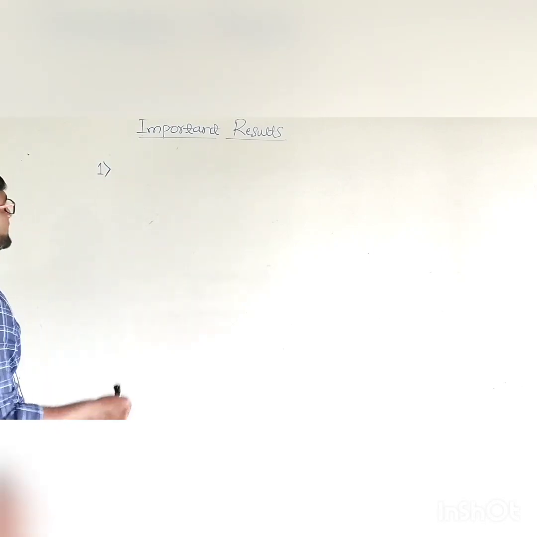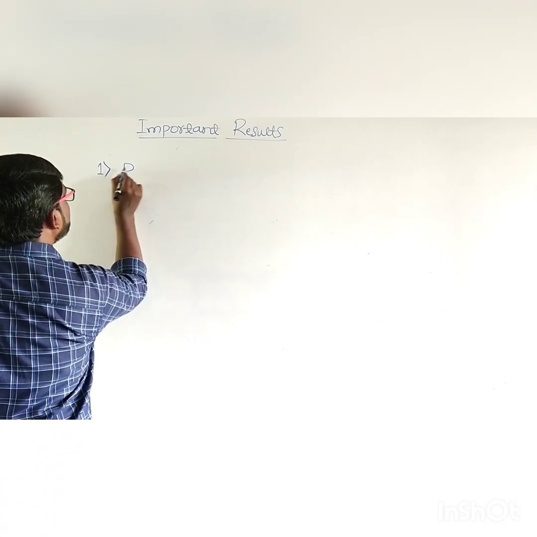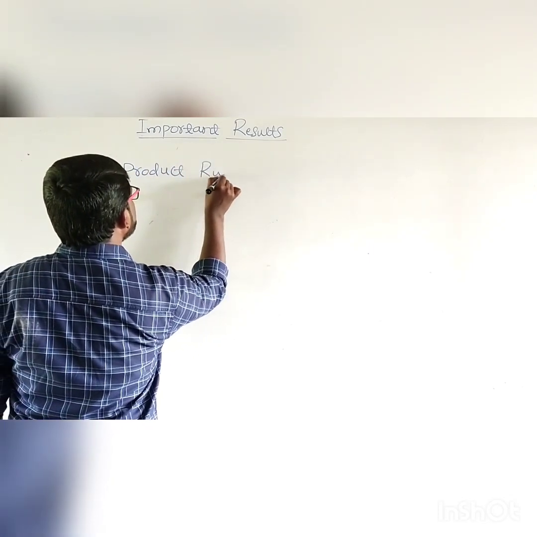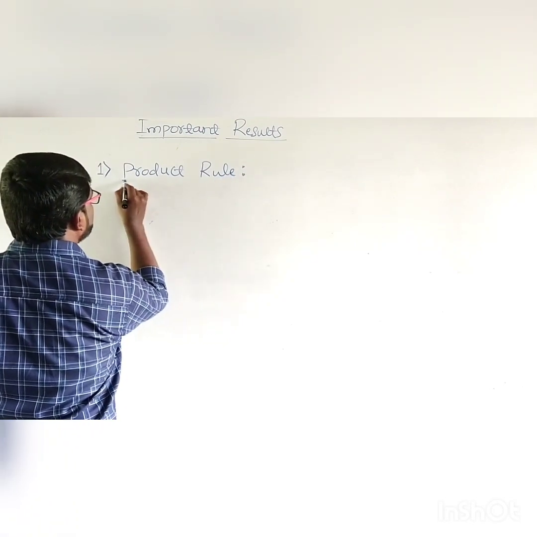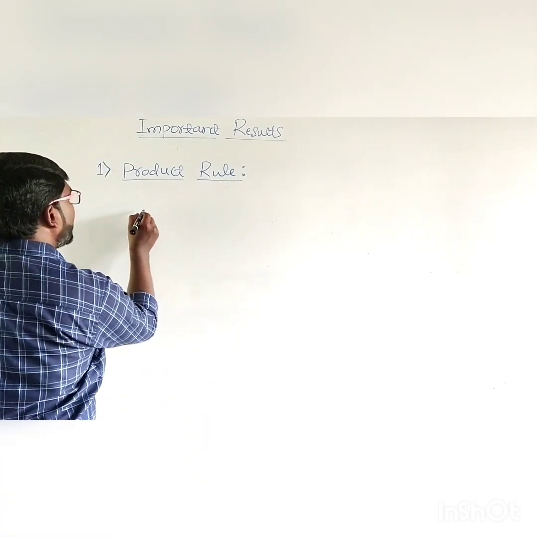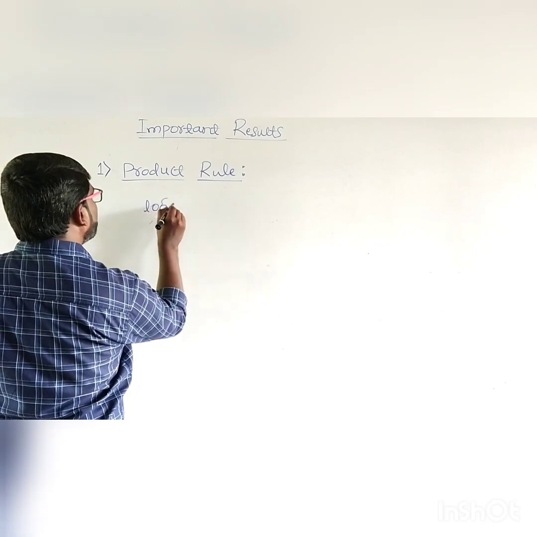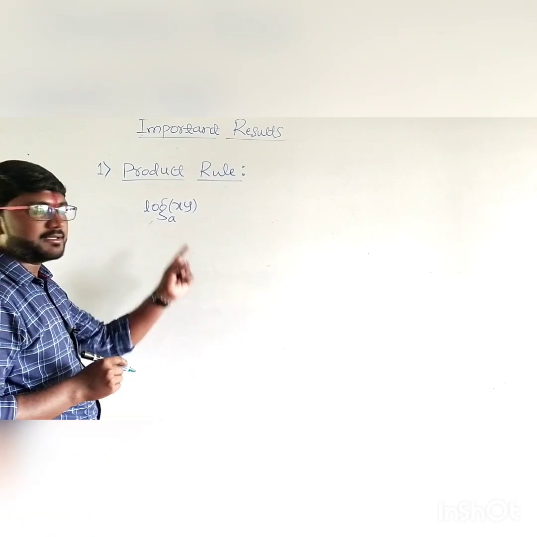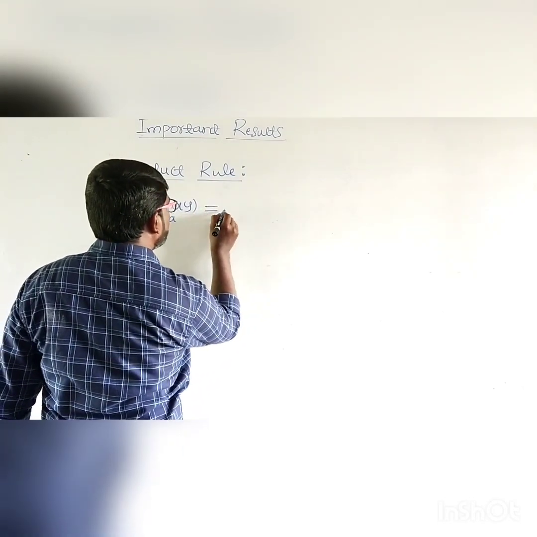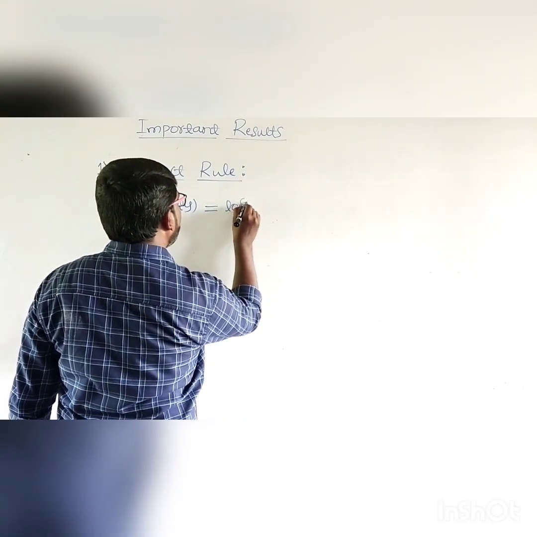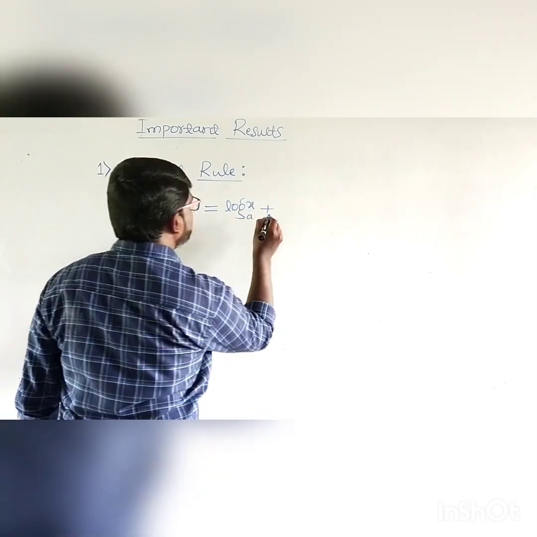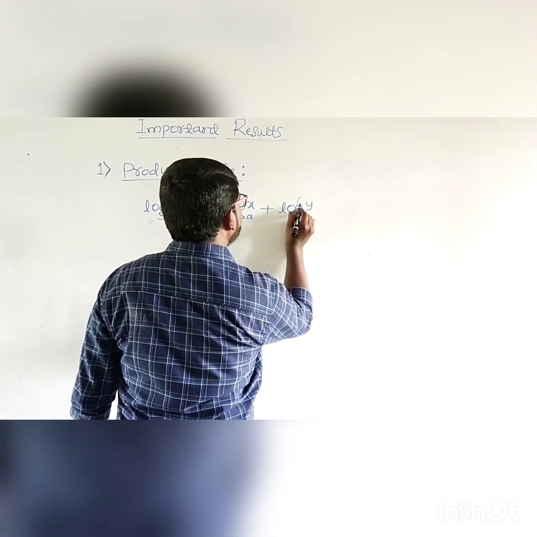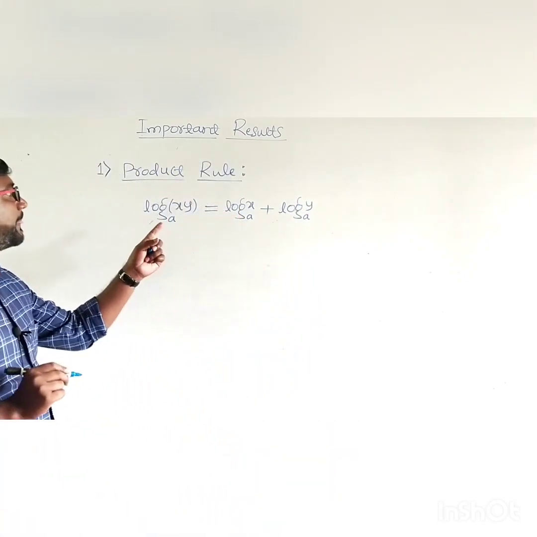The first one is the product rule: log xy to the base a equals log x to the base a plus log y to the base a. This is the product rule.